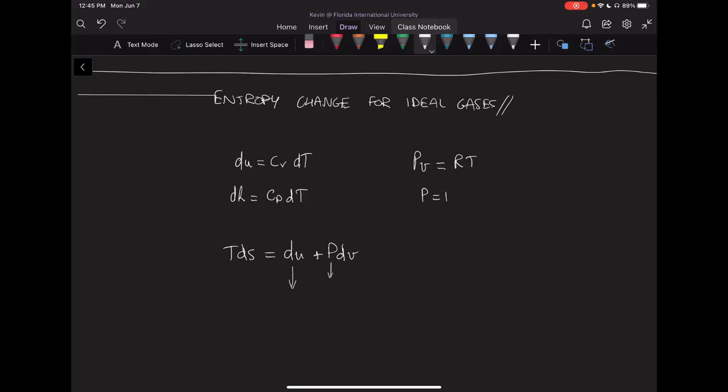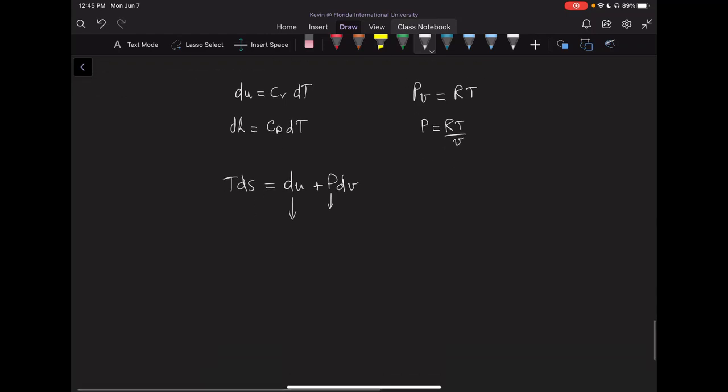So we know that pressure is equal to RT over specific V if we rearrange the ideal gas equation. So we're going to be able to write that TDS is equal to Cv dt plus RT over V dV. And the reason we do this is because we're going to have to integrate the dV equation. So we try and put dV in terms of V. That's why we're substituting for the pressure.